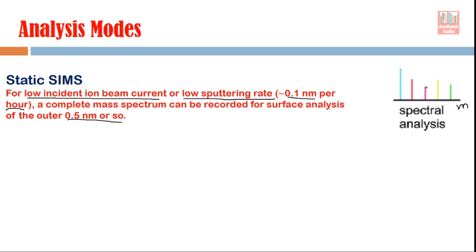So for example, this blue line indicates that this particular mass number element is present in the sample in large amount as compared to the other one, right? So that way, static SIMS is a truly surface sensitive technique, and the low ion beam current is used here, and the sputtering rate is also very small.